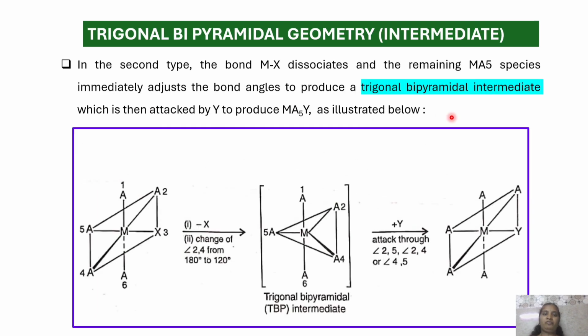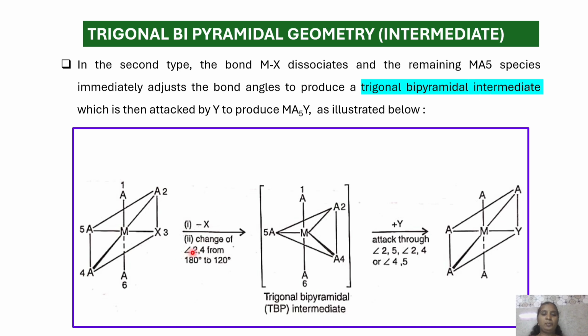The second type of intermediate formed in the SN1 reaction mechanism is the trigonal bipyramidal intermediate. The geometry is trigonal bipyramidal geometry. In the second step, the M-X bond dissociates. During this dissociation, the remaining MA5 species adjusts the bond angles to produce the trigonal bipyramidal intermediate.